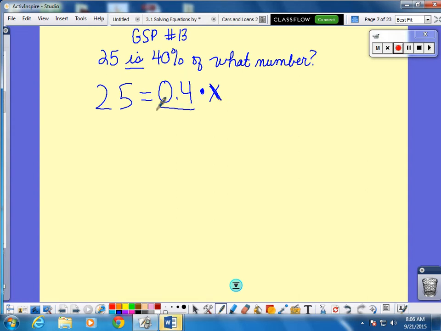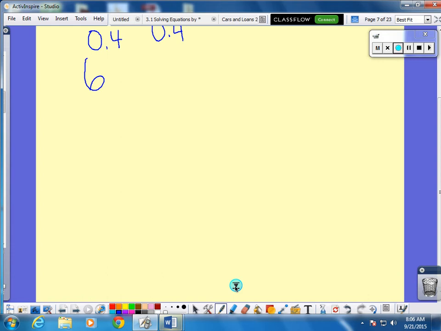Divide, since it's multiplied by 5%. You guys agree with 62.5?